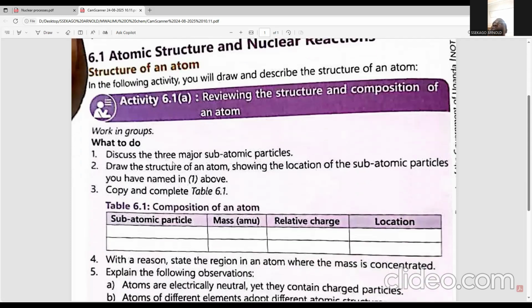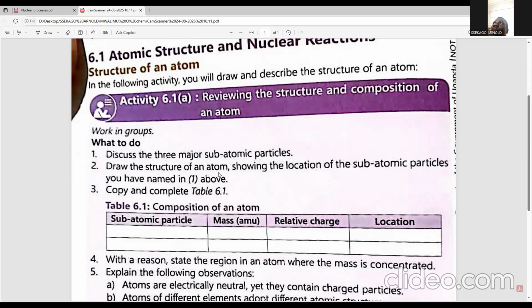The first question is: discuss the three major subatomic particles that you know. I have commented on that in the previous presentation. Hope now you know what those subatomic particles are.